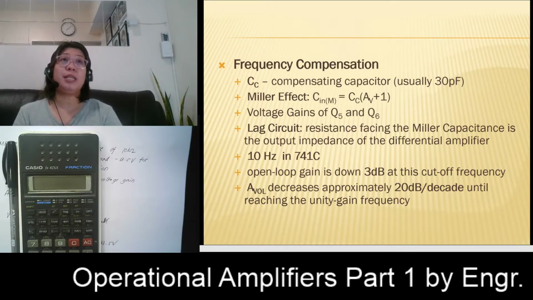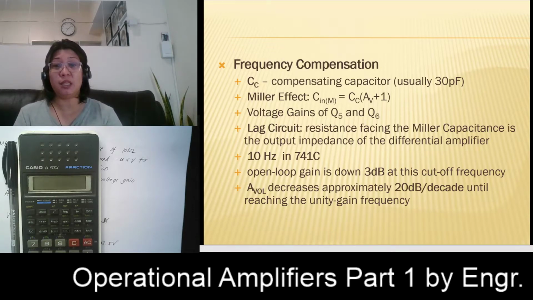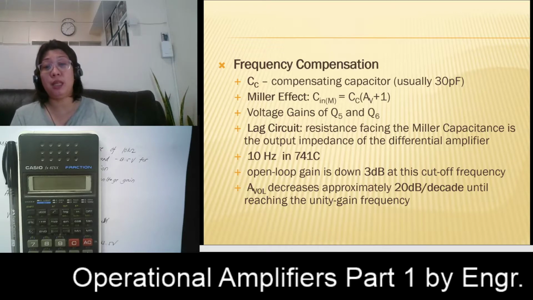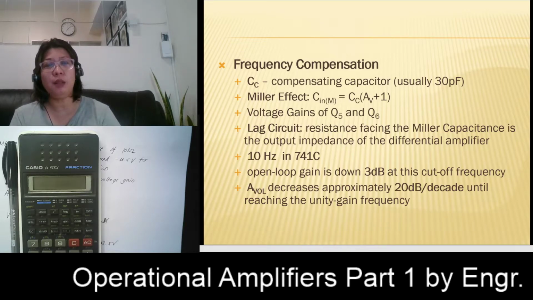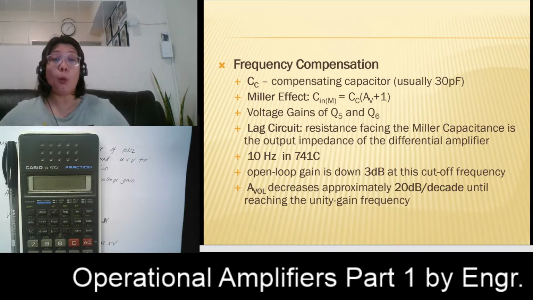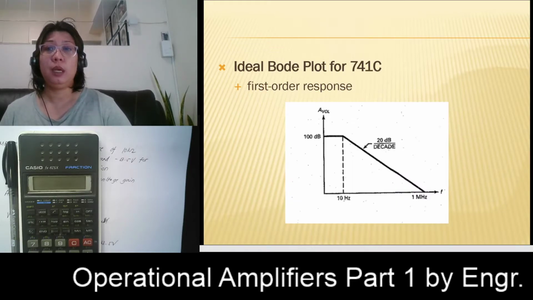It says here that your open loop voltage gain decreases approximately by 20 dB per decade until it reaches the unity gain frequency. For an operational amplifier 741, the unity gain frequency is equivalent to 1 megahertz. So we have here the ideal Bode plot for a 741.